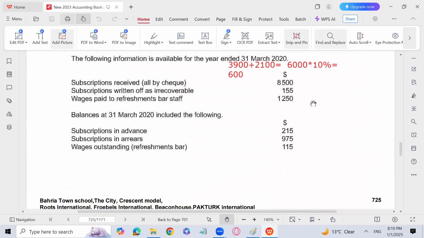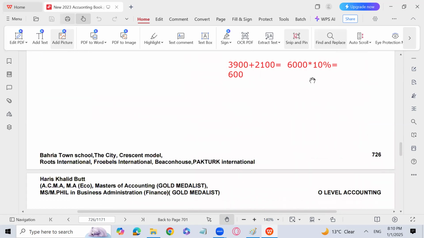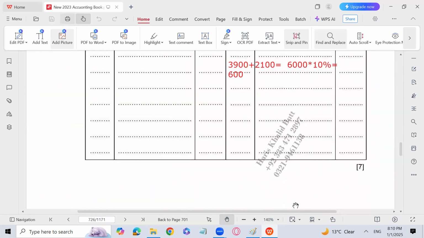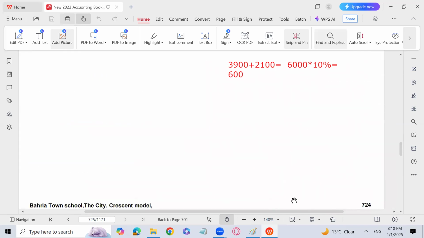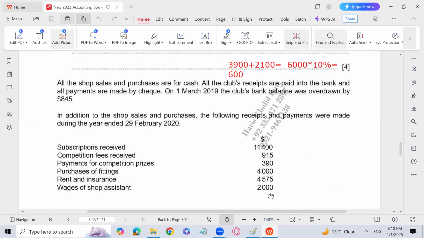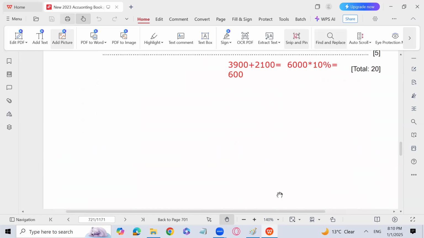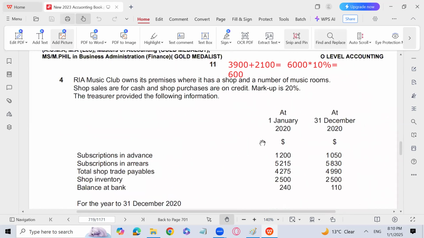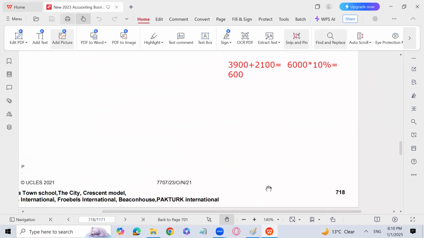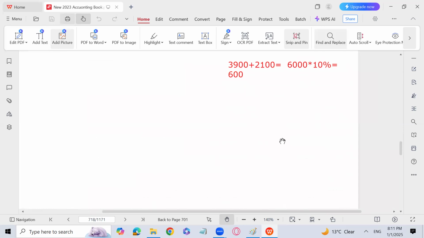And then we will be able to complete the chapter, because the receipts and payments account is also an important thing which needs to be prepared. These are the last two questions. Okay. Right? So that's it, inshallah, we'll be able to complete the chapter.